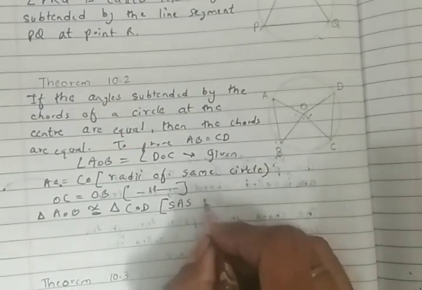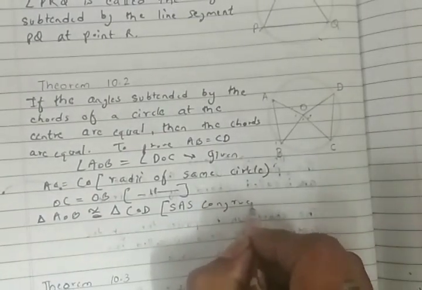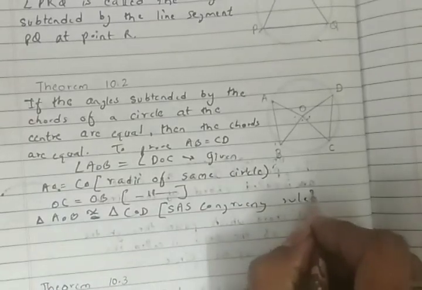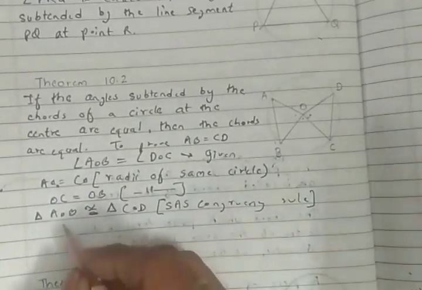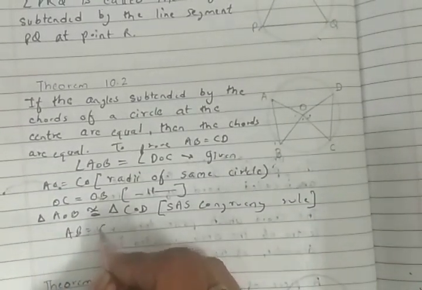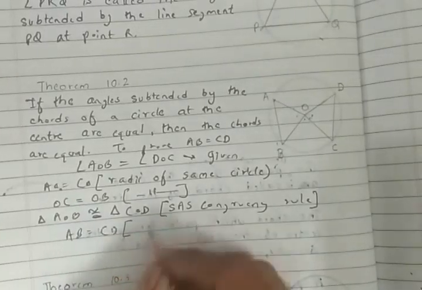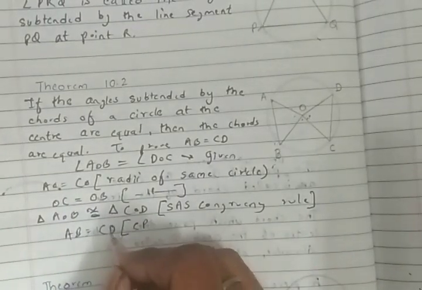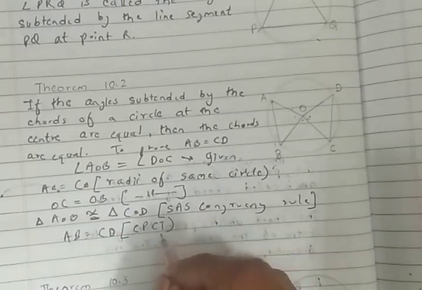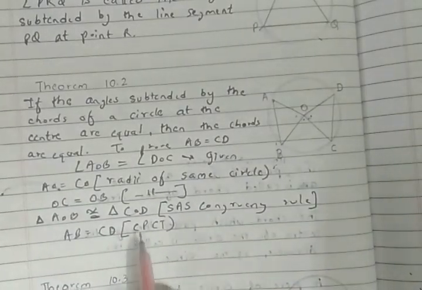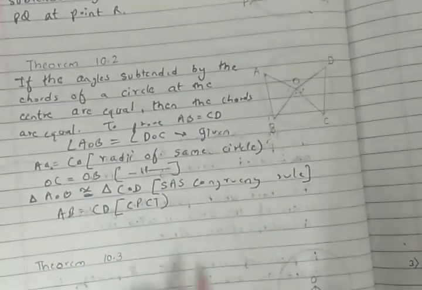SAS, side angle side congruency rule. Thus we can say that AB is equal to CD because of CPCT, corresponding parts of congruent triangles.